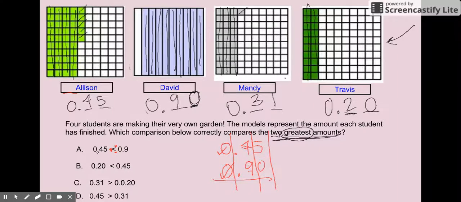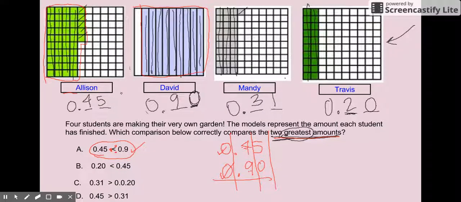So that's correct. What they wrote down, it is true. That's correct, that 45 hundredths is less than 90 hundredths. But the question is asking for the two greatest amounts. We need to determine, have Allison and David finished the most? Well, let's look.